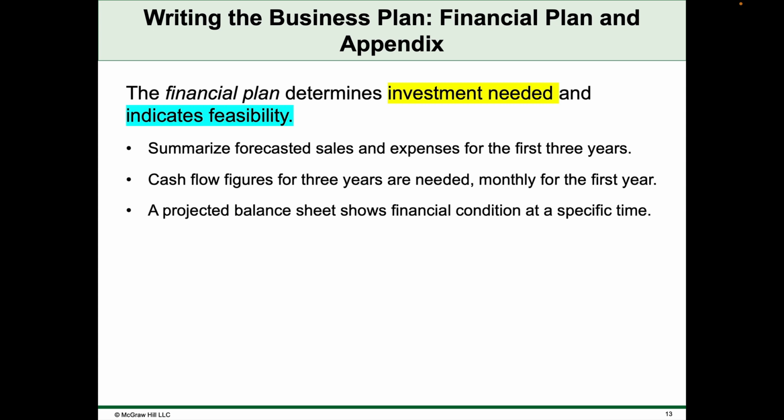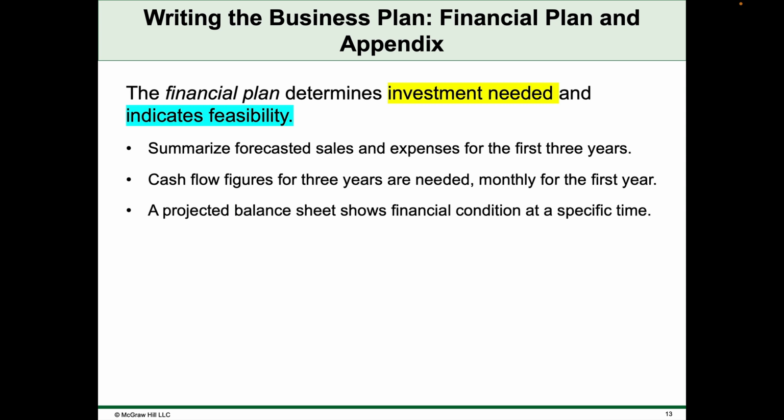You should be discussing the forecasted sales and expenses for the first 3 years. And this, of course, is going to be based on a lot of assumptions, and venture capitalists know that. But you need to have them because, again, it lets your bank know that you have thought about this, that you have a plan that is not, I'm just going to go into business this year and who knows what happens, right?